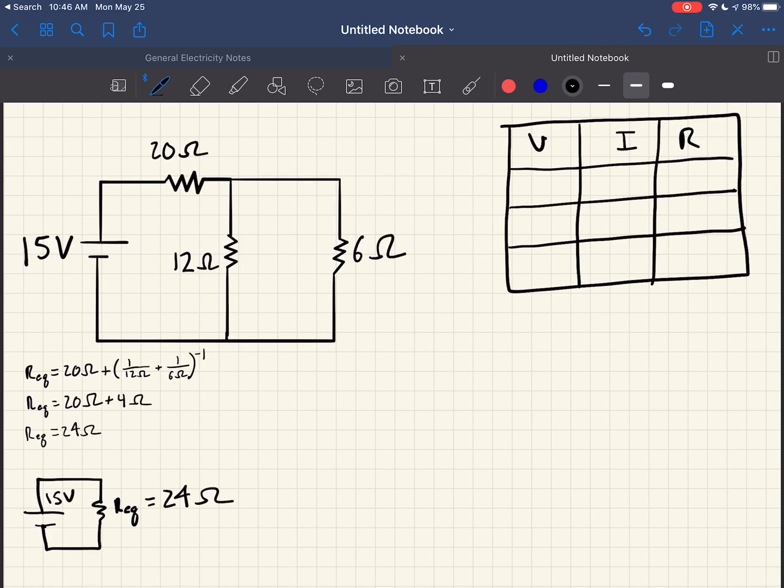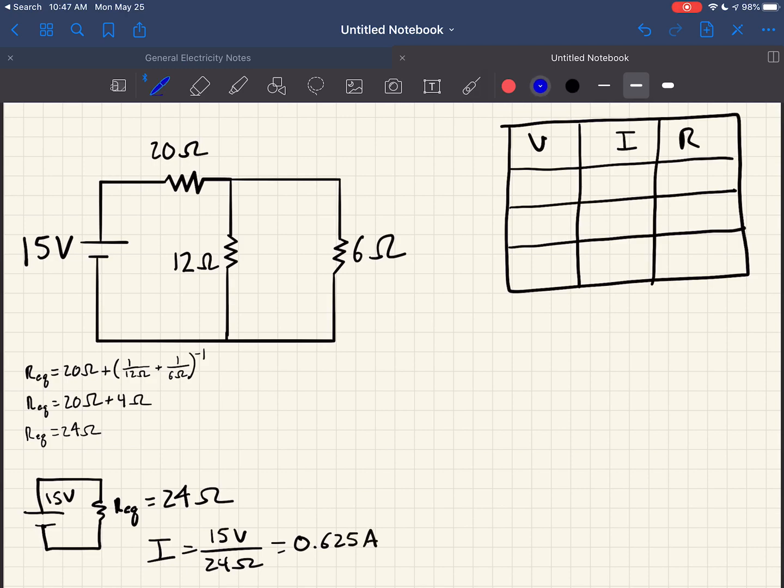Well, we can calculate the total current in the circuit using Ohm's law: V equals IR, or I equals V over R. And if I do that, I get 0.625 amps. That's the total current.